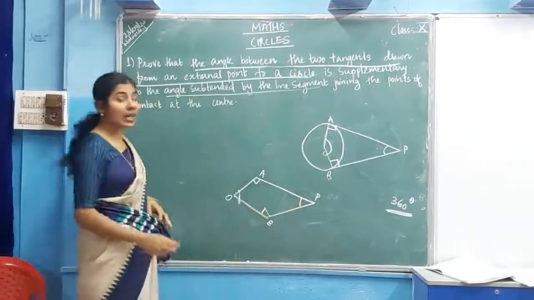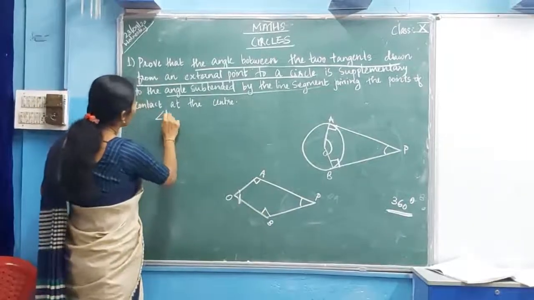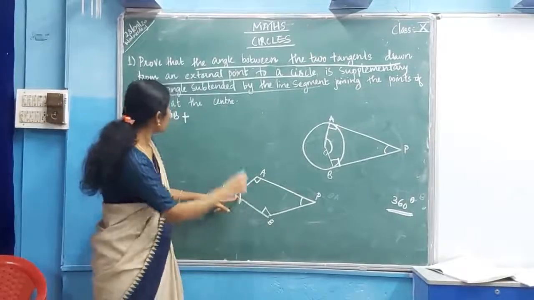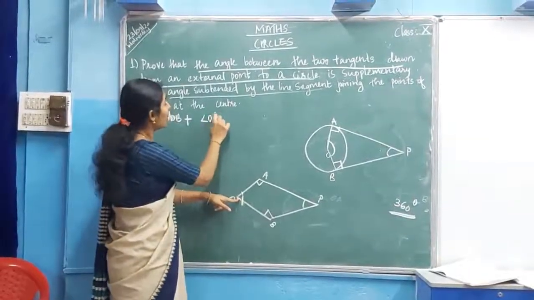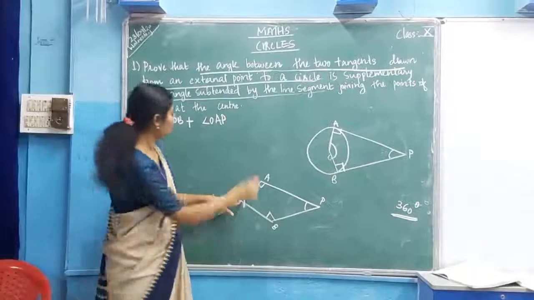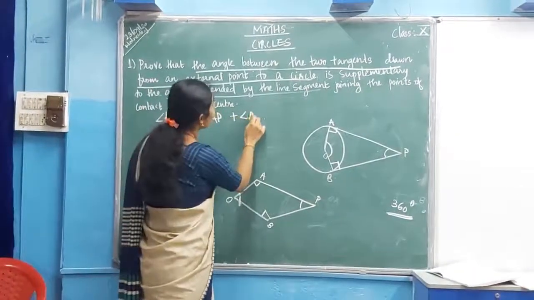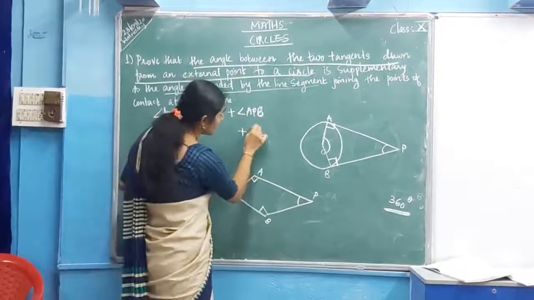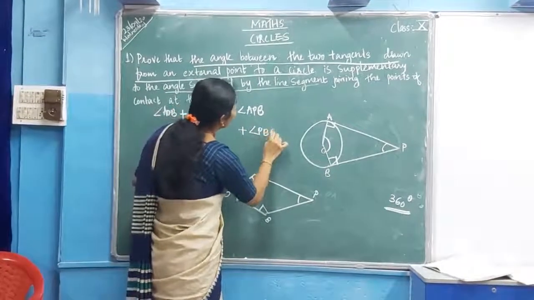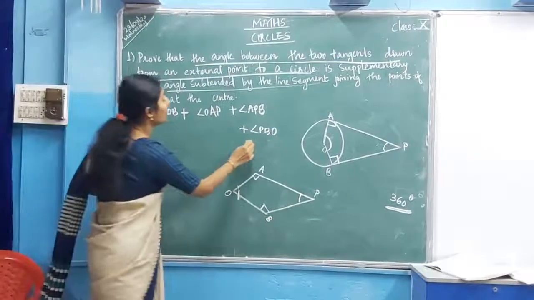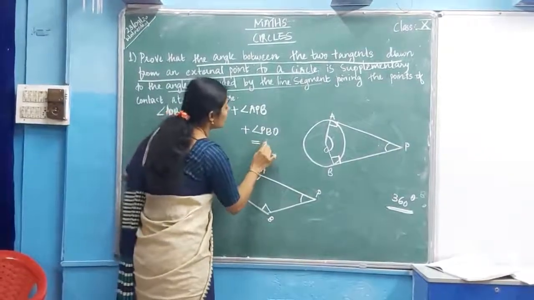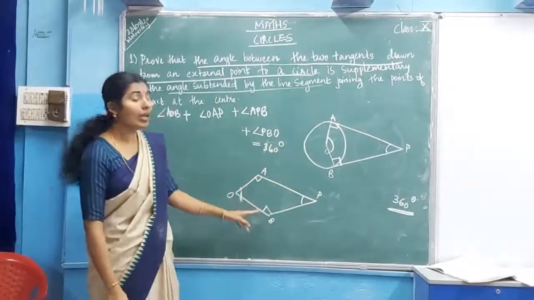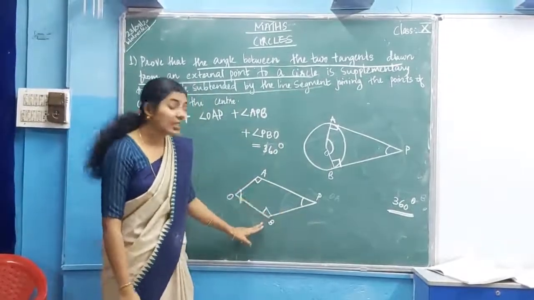The 4 angles are angle AOB plus angle OAP plus angle APB, last one angle PBO equal to 360 degree.